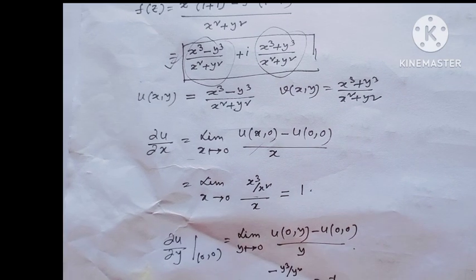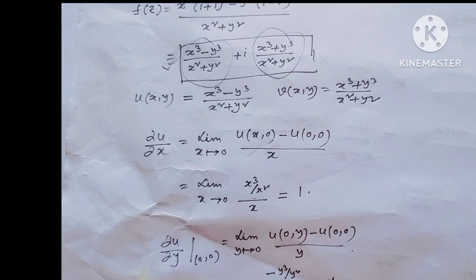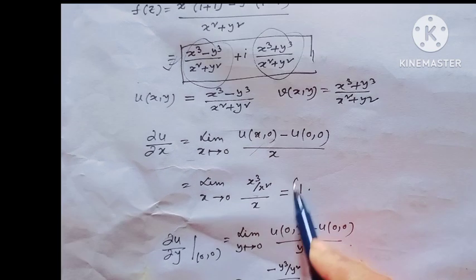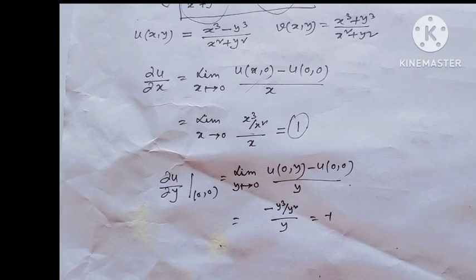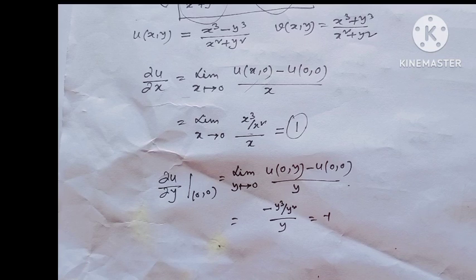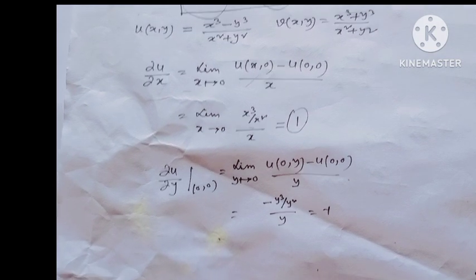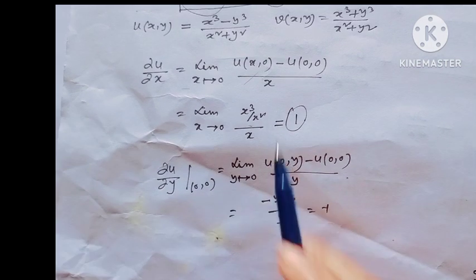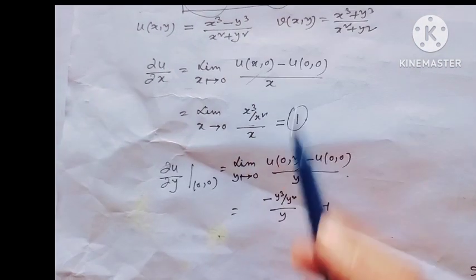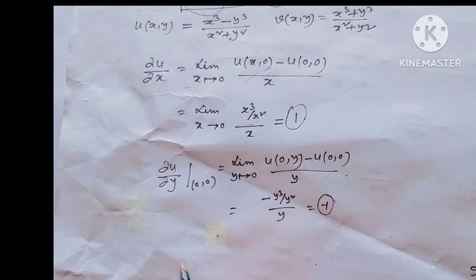Then del u del x at the origin means limit x goes to 0 of u(x, 0) minus u(0, 0) over x, and this value is 1. And del u del y at the point 0 means limit y tends to 0 of u(0, y) minus u(0, 0) over y, and this value is minus y cube over y square over y, which means this value is minus 1.